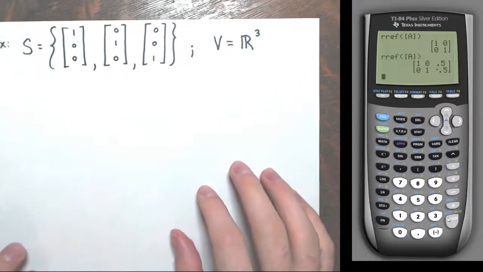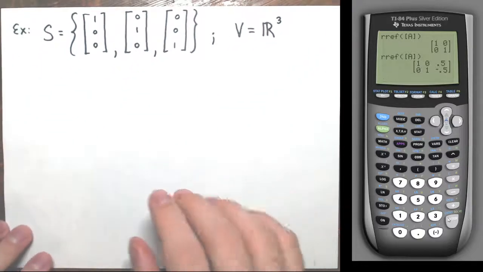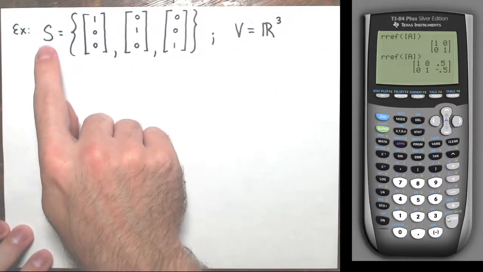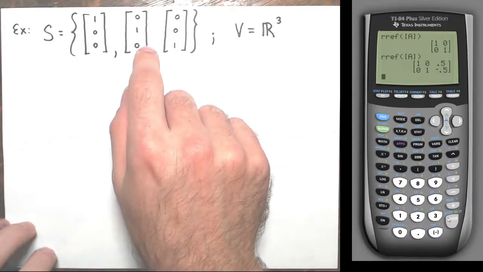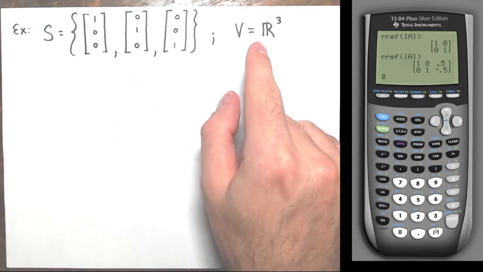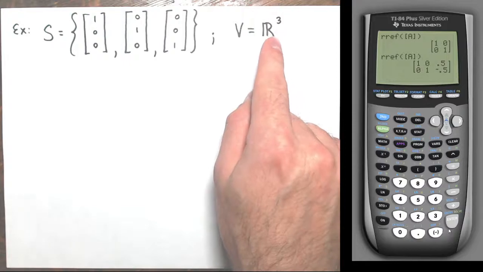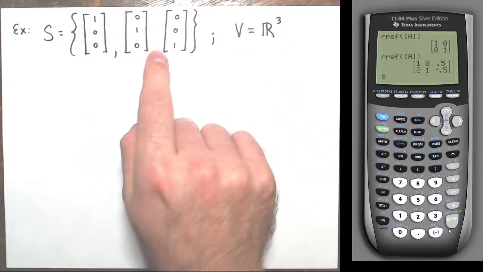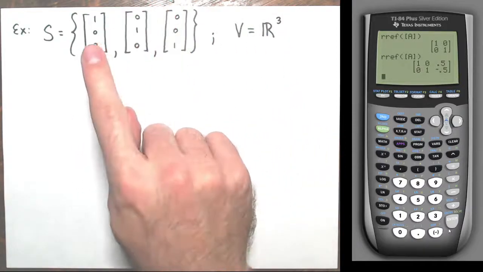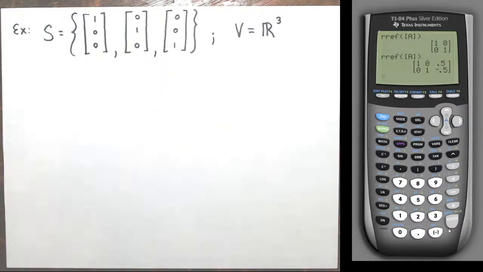Now my last examples, plenty, are from R3. You might recognize this guy. I'm asking, is this set of vectors a basis for R3? Can every vector in R3 be written as a linear combination of these, and are these 3 linearly independent?